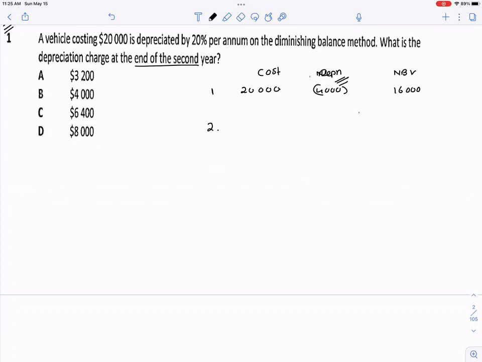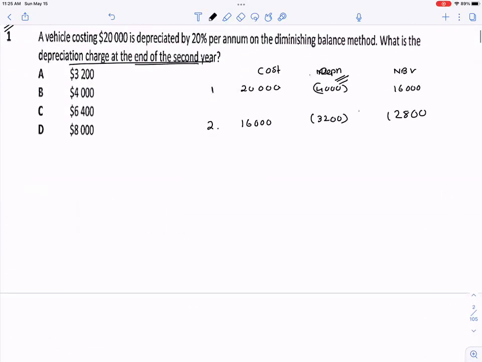So we'll do 20,000 minus 4,000, which is 16,000. Then we'll take 20% of 16,000, which is 3,200. What is the net book value at the end of the second year? 12,800. What is the charge of depreciation at the end of the second year?